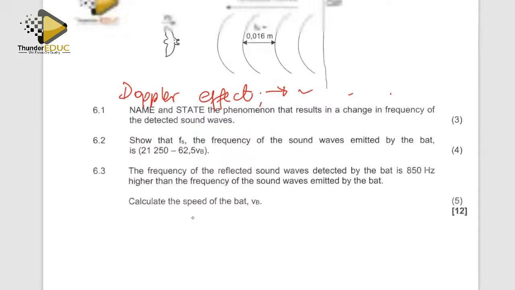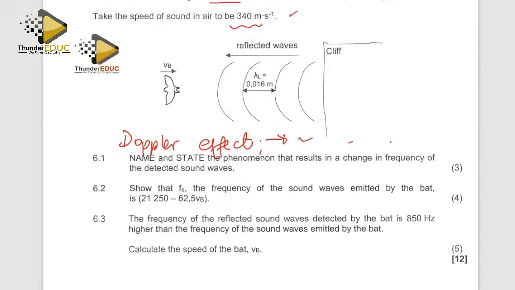Then 6.2, they want us to show that the frequency of the source is given as this. So what we need to do is start by finding the frequency of the listener. We know that v is equal to f lambda, so that's going to be v over lambda.